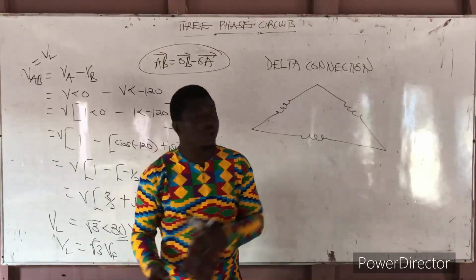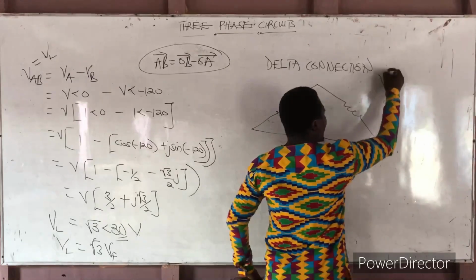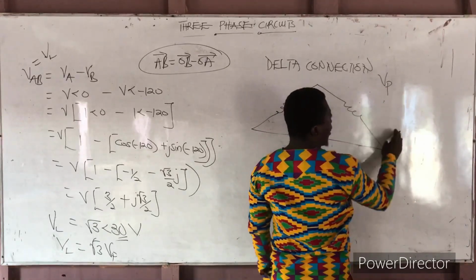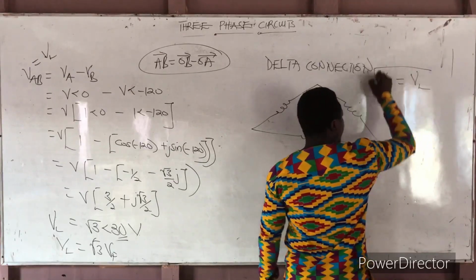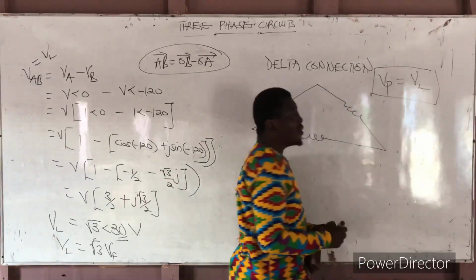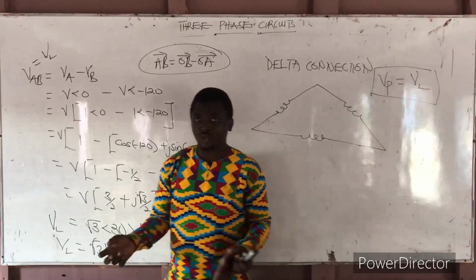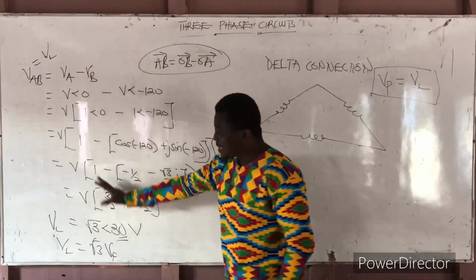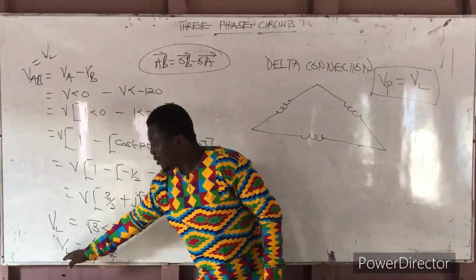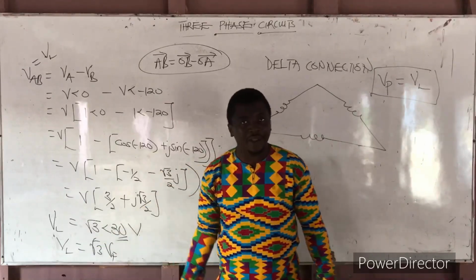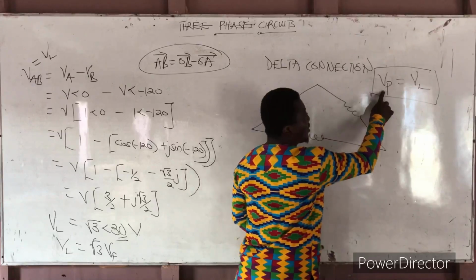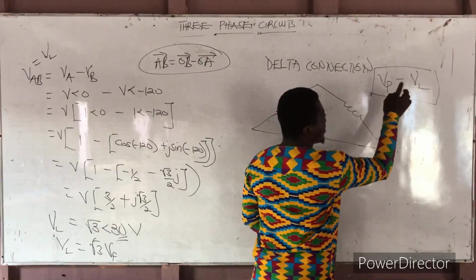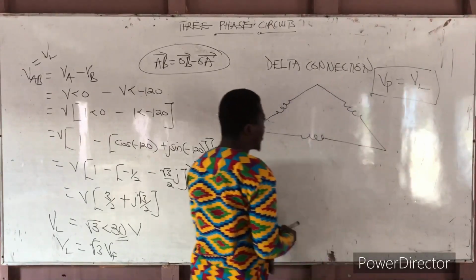But in delta connection, phase voltage is equal to line voltage. So you see, if you don't take care, it will contradict with what you know. In star, line voltage is equal to root 3 phase voltage. But in delta, phase voltage is equal to line voltage.